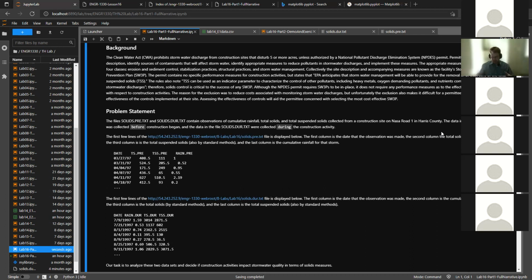So if I consider my beaker and fill it up with stormwater, there is a total amount of solids in the beaker itself, but those solids can be categorized in two ways. There is the stuff that settles to the bottom, and there's the stuff that stays suspended in the water. So that's what it means by total suspended solids.